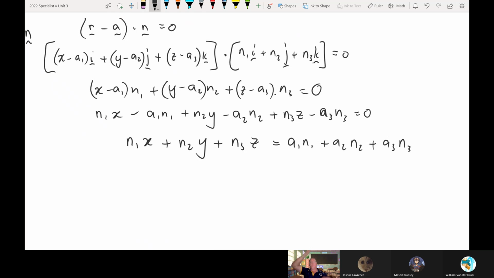Let's have a look at what we've got here. Can anyone tell me what a1n1 plus a2n2 plus a3n3 is equivalent to? What's a shorter and quicker way that I could write that?